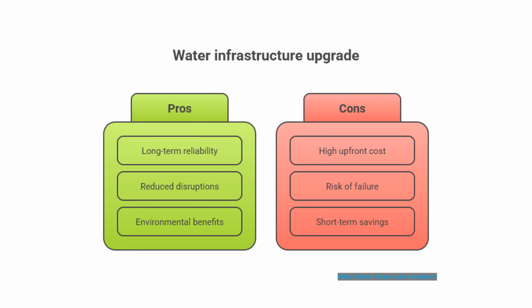When only the immediate budget was considered, refurbishing seemed the smart choice. But by applying a 30-year life cycle perspective, adding repair costs, social impacts from outages, and environmental penalties, the newer pipelines emerge as the better investment. This example highlights why long-term thinking pays off.